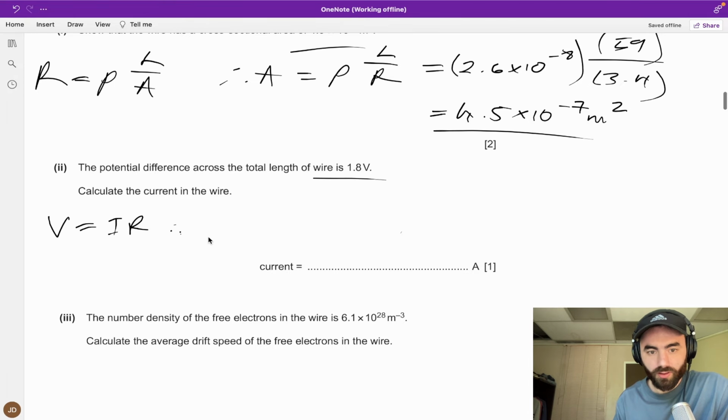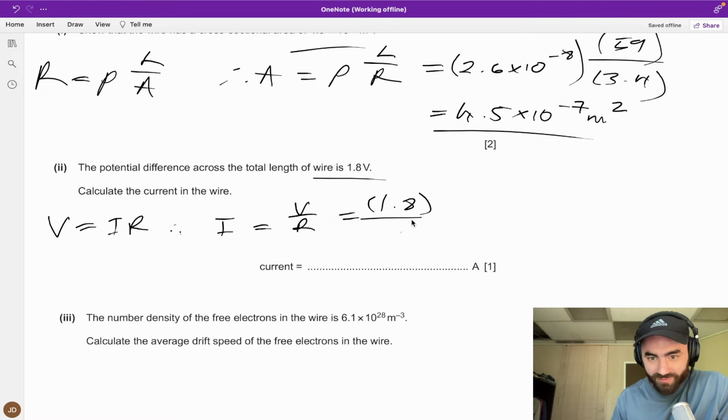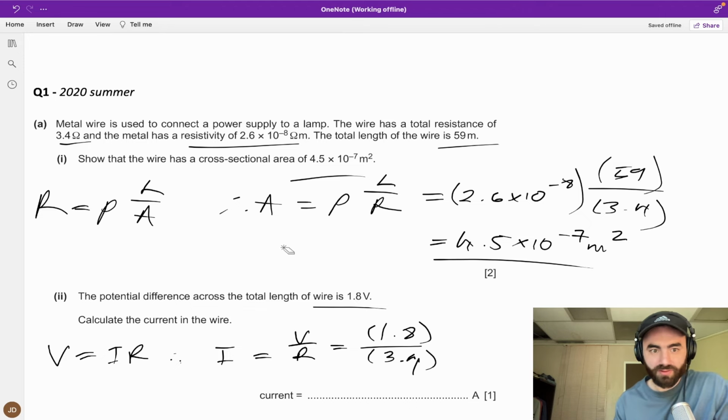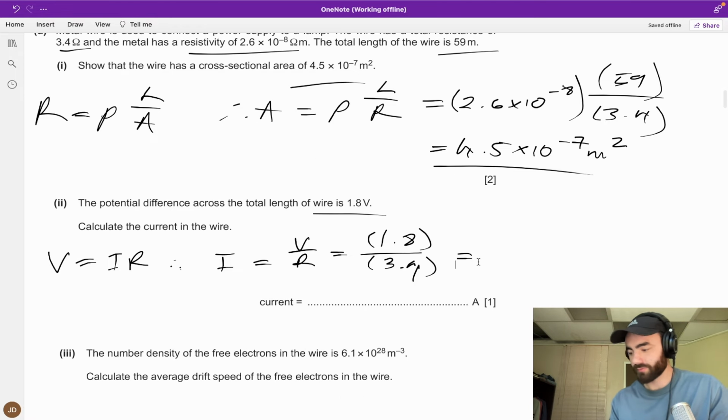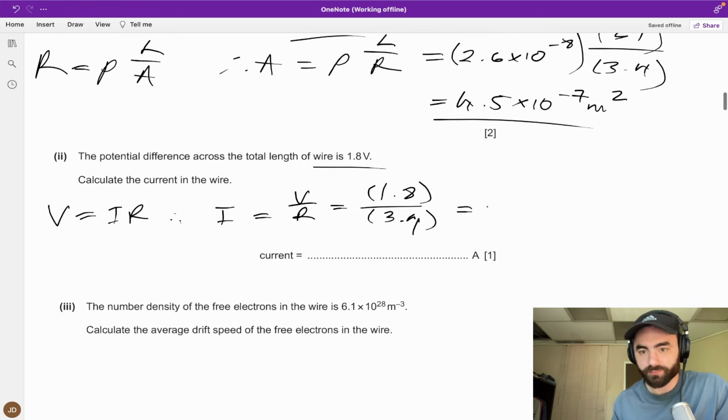Therefore, I equals V divided by R. 1.8 volts divided by 3.4. 1.8 divided by 3.4 is 0.53. 0.53 amps.